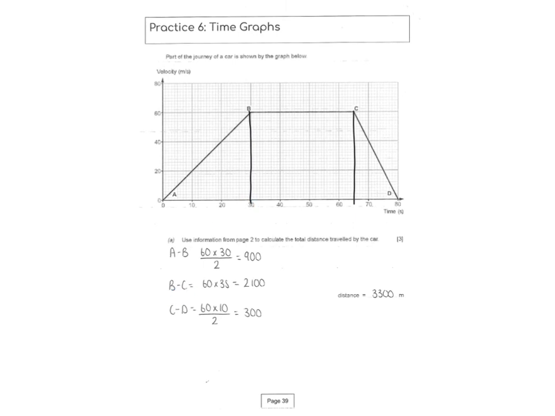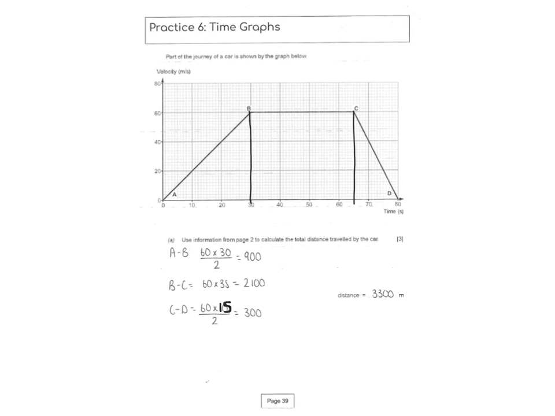Between B and C, it's 35. So I have to do 60 times 35, which is 2,100. C and D is our 60 for our speed, and our time is actually 15, divided by 2. So my maths here is wrong, I do apologise.